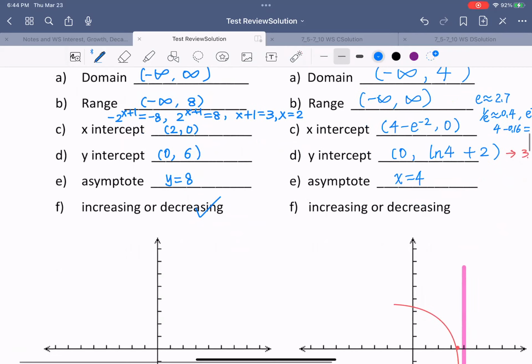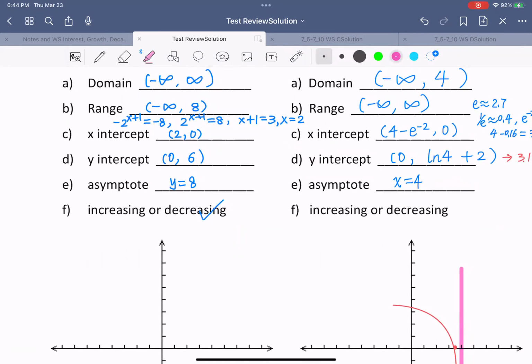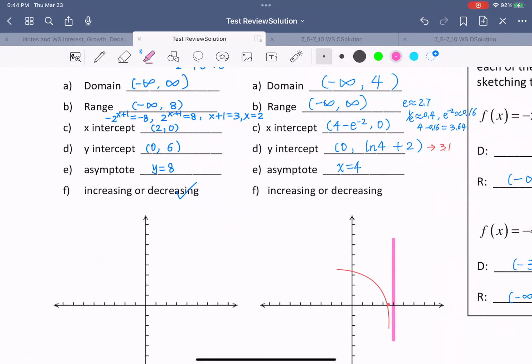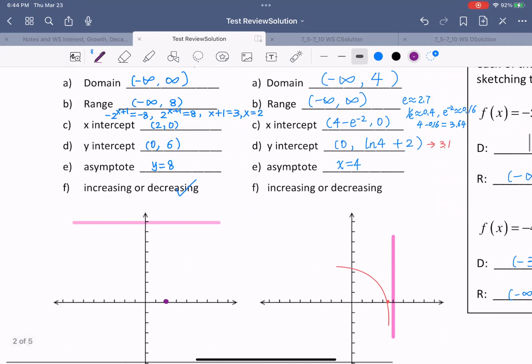After we have all those points, we always want to first draw the asymptote. So 1, 2, 3, 4, 5, 6, 7, 8, all the way to here. This is a horizontal asymptote. You mark several points: 2, 0 and 0, 6. And then this is decreasing.